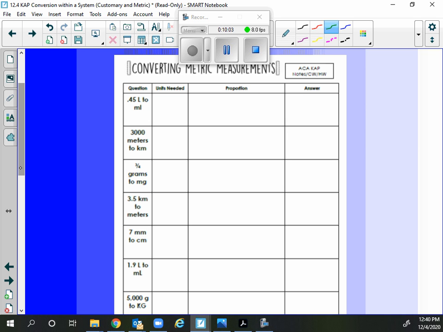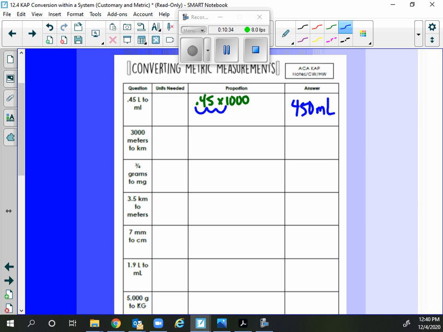So if we're going from liters to milliliters, all we have to do is take 0.45, and then we just multiply it by 1,000 to get out to milliliters. Okay, when we do that, we're essentially moving our decimal place over 3 times. 1, 2, 3. So 0.45 liters is the same as saying 450 milliliters.